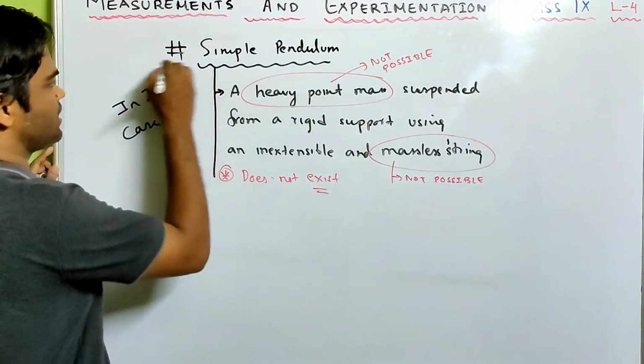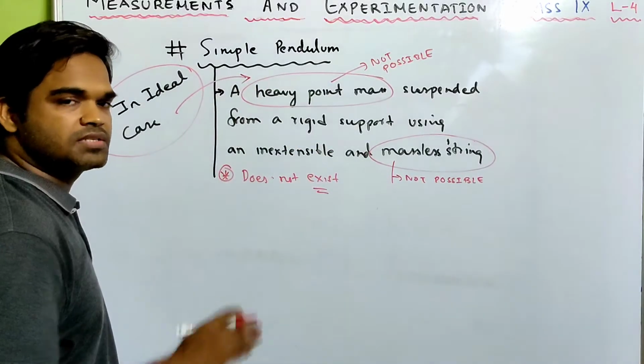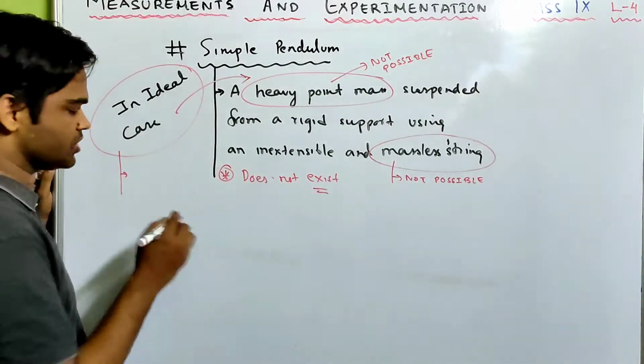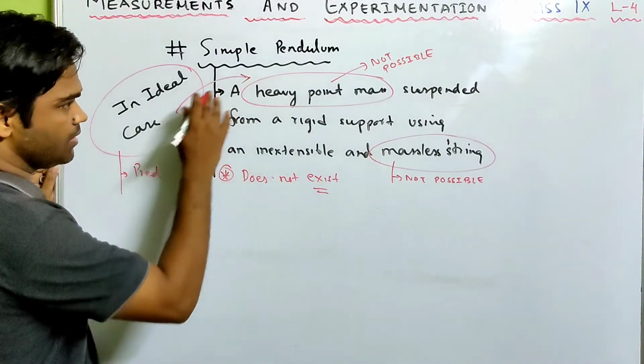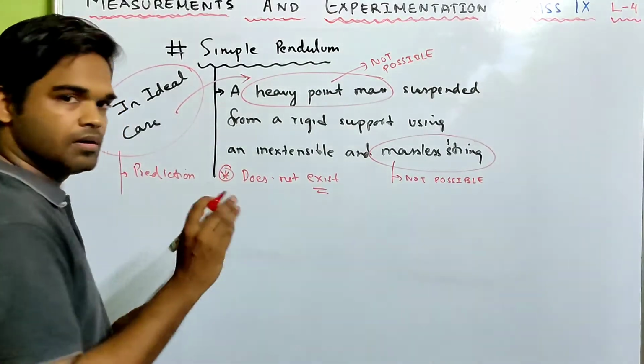Yeah, in ideal case we take a simple pendulum with this characteristic. Ideal case means all the predictions are made keeping this in mind, but practically this is not possible.